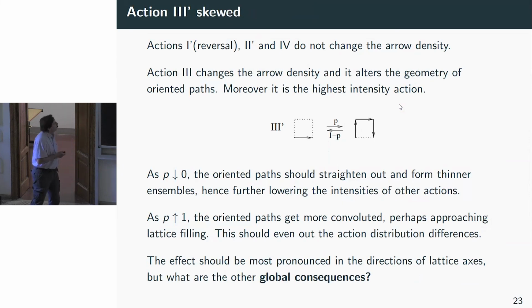Mathematicians and computer scientists do this without much worry, but of course a physicist immediately says that you're breaking the detailed balance, which is a major sin. But nevertheless, if you do that, maybe at least you can take a look at what happens.